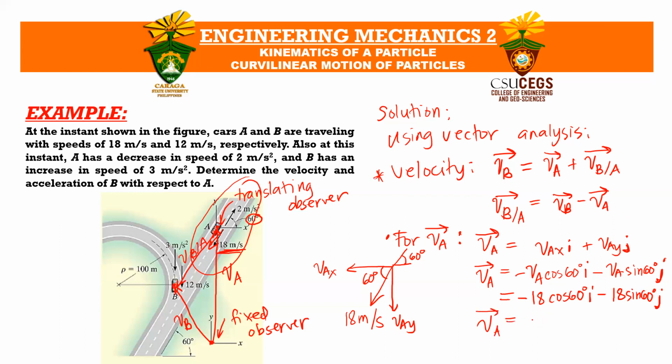To simplify, the velocity vector form of your v of A would be equal to negative 9i, since negative 18 cosine 60 degrees is equal to negative 9, minus 18 times sine 60 degrees, which is equal to 15.59j meters per second. So that would be the vector form of your v of A.